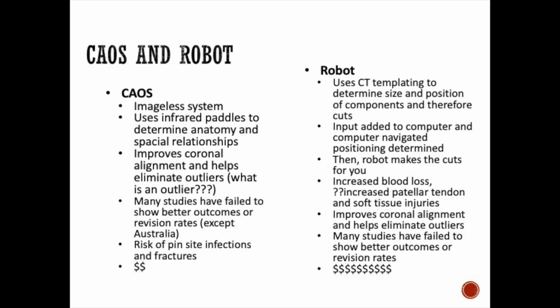The other issue was early studies showed increased risk of patellar tendon and soft tissue injuries, but now newer models of the robot compensate for that, and they actually won't allow the blade to go off of the bone.